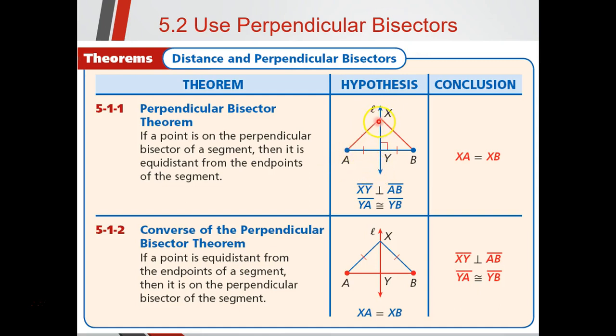And we should know from this given information that if XY is perpendicular to AB, and if we know that AY and YB are congruent, then we can conclude that AX and BX are also congruent or equal to each other.